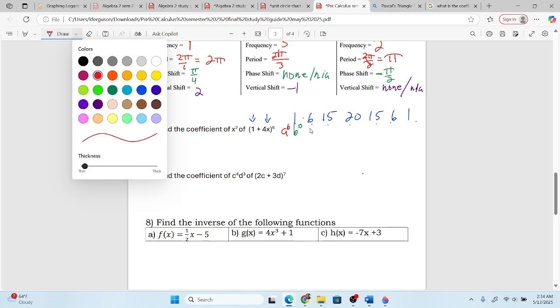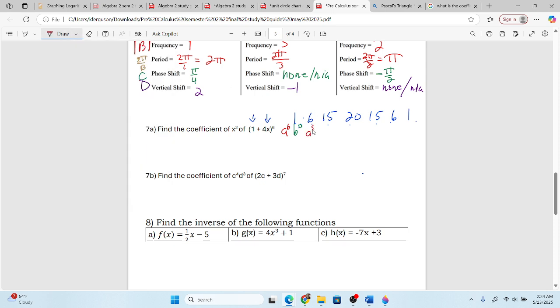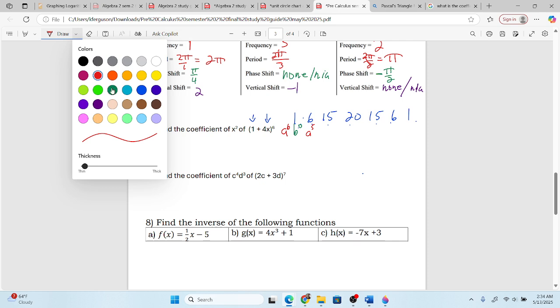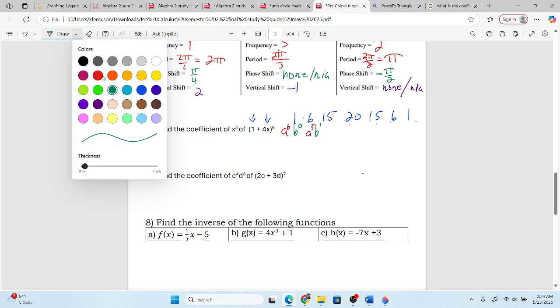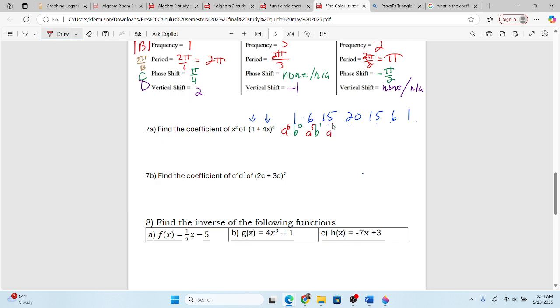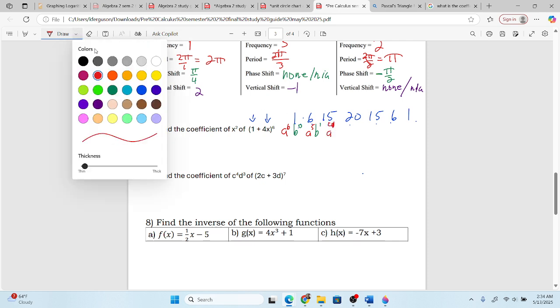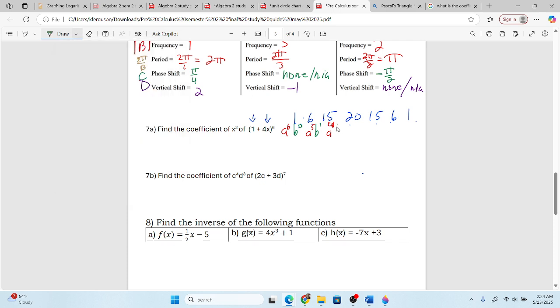And then this next one is going to be a to the 5th power, and that's going to be b to the 1st. My third term is going to be a to the 4th power, b to the 2nd. So you see what's going on here.